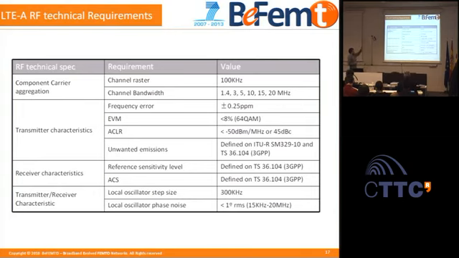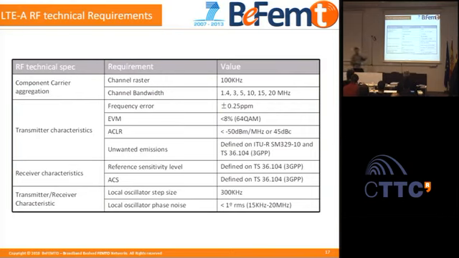These technical specifications are mainly divided in three main categories: the component carrier aggregation, the transmitter, and the receiver characteristics. Regarding the component carrier aggregation, the most important is the channel raster, that is 100 kilohertz.